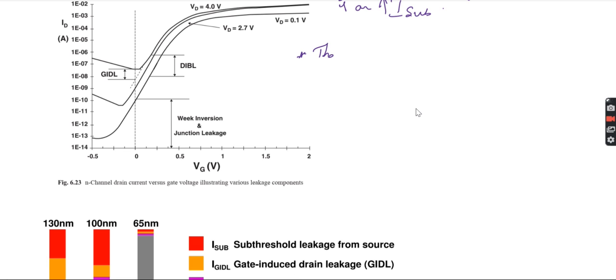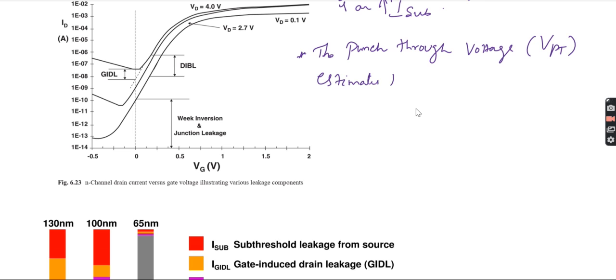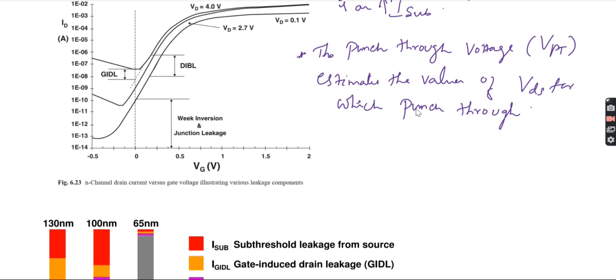Next, the punch through voltage, which will be denoted as VPT, estimates the value of VDS for which punch through occurs at VGS equal to 0.